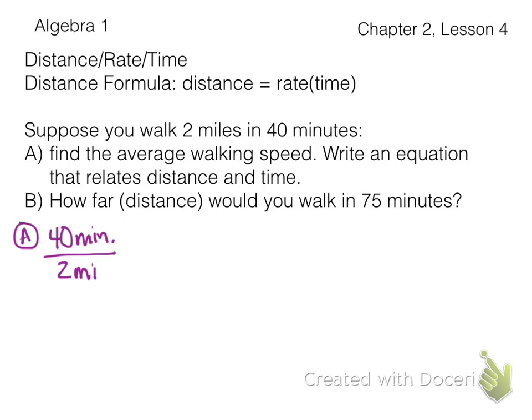Suppose you walk 2 miles in 40 minutes. Find the average speed and write an equation. I put the 40 minutes over 2 miles just because it might simplify a little easier. If I wanted to see how many minutes it takes me to walk 1 mile, which would be the unit rate, I'm going to divide them, and 40 divided by 2 is 20.